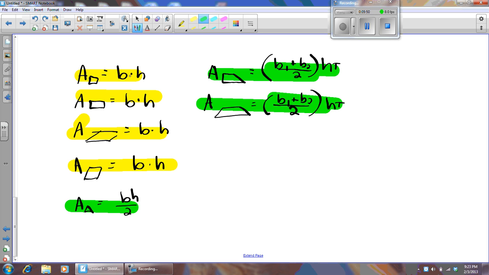So we have 1, 2, 3, 4, 5, 6 different shapes. I mean, you could count 7 for a different type of trapezoid, but I'm saying all triangles, this formula works. All trapezoids, this formula works. So we have 6 different shapes that use the one formula base times height, or some slight variation of that. I don't know about you, but I think that is way easier to remember than trying to remember 6 or 7 different formulas for all these situations.